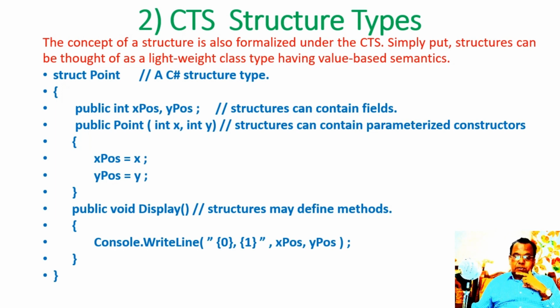The content of xPos will sit at the point where 0 is mentioned, and the content of yPos will sit where 1 is mentioned. Both 0 and 1 are kept within curly braces.